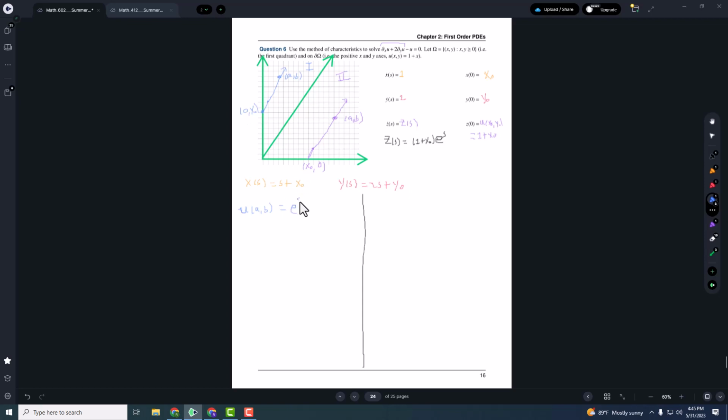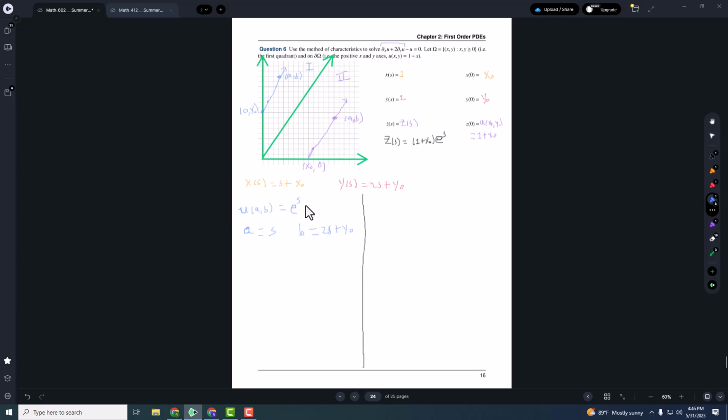So u of a,b is equal to e to the s. Okay, well again, I need to figure out what s is in terms of a and b. Well, if I solve my characteristic equations, I did put the solutions right here. So in region 1, x naught is equal to 0, so then a is just equal to s, and b is equal to 2s plus y naught.